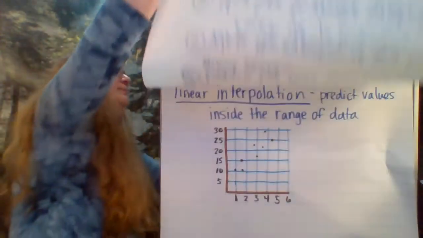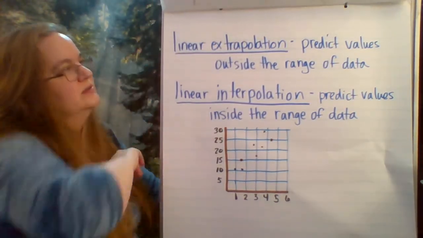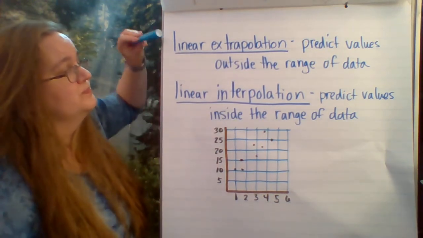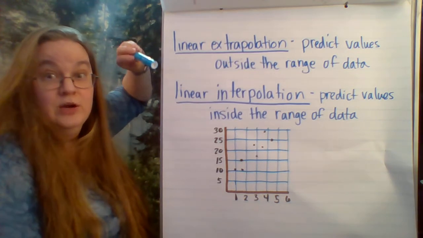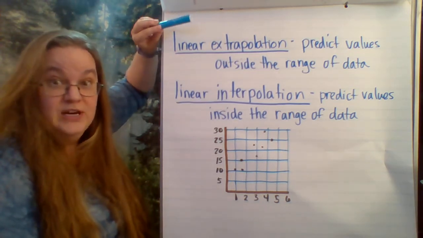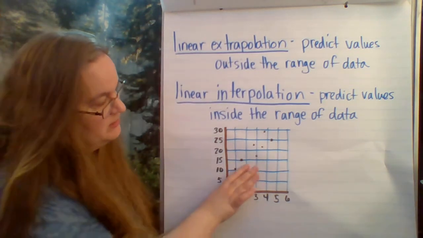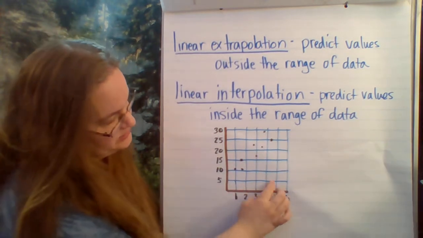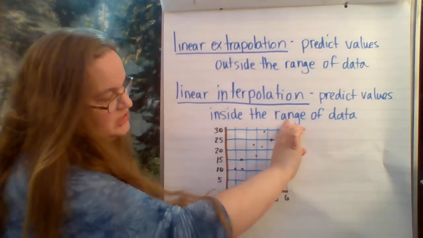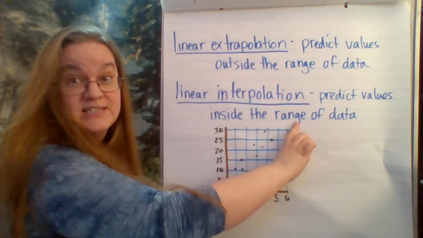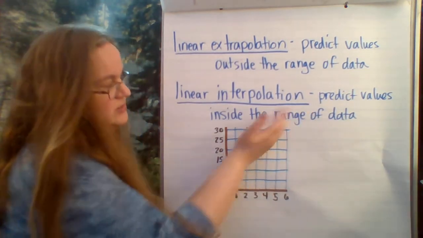Okay. So let's take a look. Previously, you learned about linear extrapolation, which means that we're going beyond the range of data to make predictions. So if I'm looking at my graph, it only goes up to like 4 or something. So if I'm doing a linear extrapolation, I might be trying to figure out what it would be at 6. So I'm going beyond where the data is.